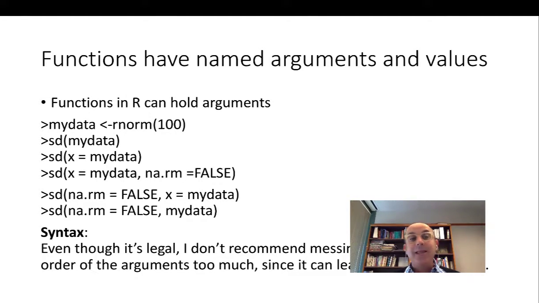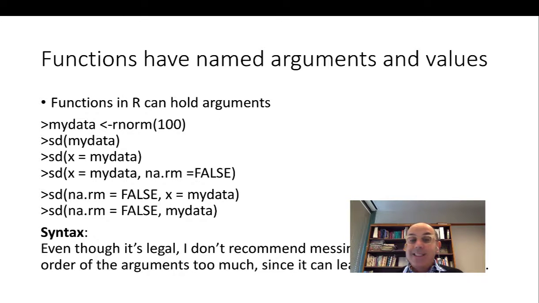For example, my data, and I can say a normal distribution of 100, and I can say sd of x, and I can say na.rm is FALSE, in case there is a missing value that is not embedded into the data.